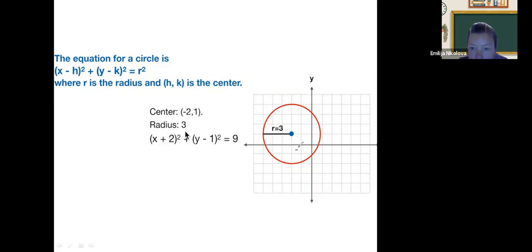Just write them down. For example, here is -1. Here we have -2. So we see that on the x-axis it is -2, and on the y-axis it is 1. So the center is (-2, 1), and the radius is 3 centimeters.